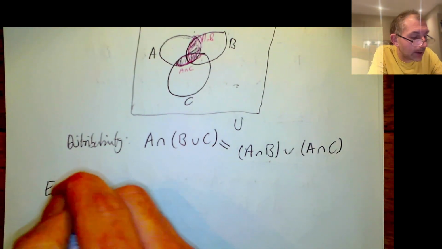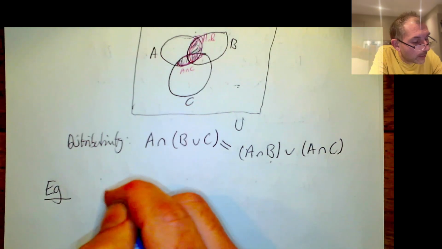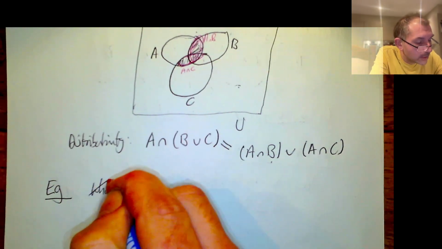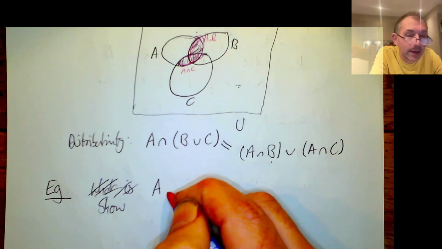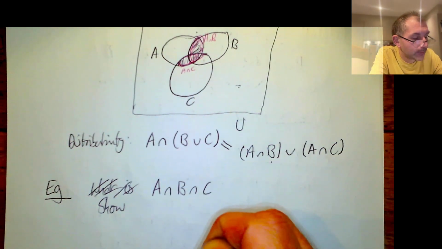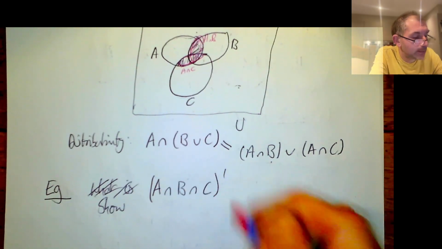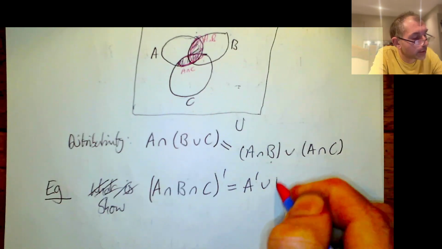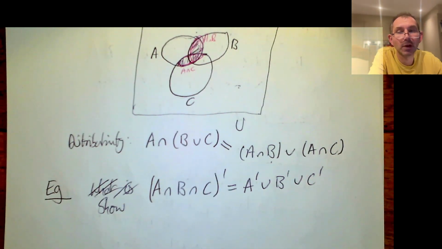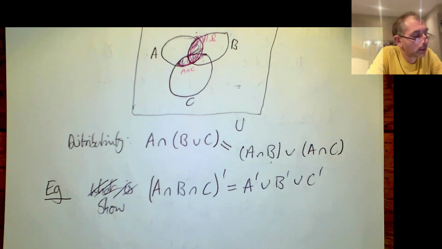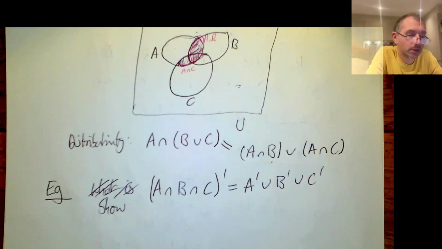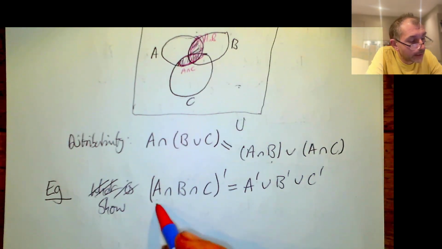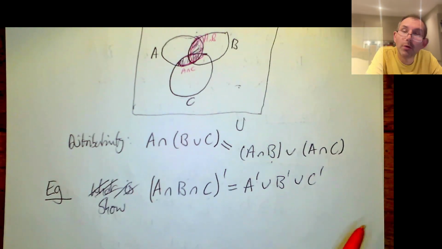So let's look at, let's say, show that if I take A intersect B intersect C and then I take the complement, that is going to be the same thing as the complement of A union the complement of B union the complement of C. One thing we want to do if we're going to make progress with this is to remember that this intersection only really makes sense because it doesn't matter what order I do things in.